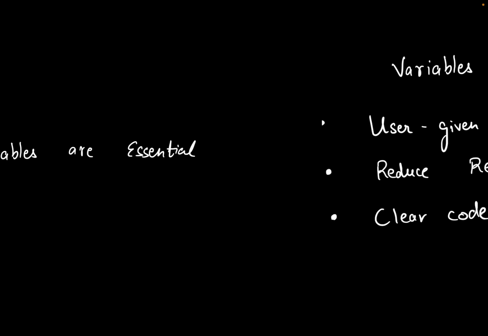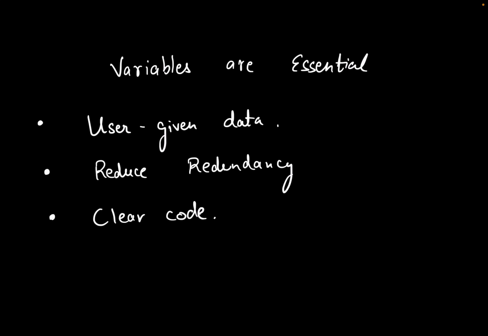But why do we even need variables? Why are variables essential? Why not just use values directly by writing them in my program? Why do I have to store them in memory? There are a lot of reasons for this. The first and very important reason is that variables allow you to deal with user given data. When your program is running, you can ask the user for some data, which has a lot of applications.